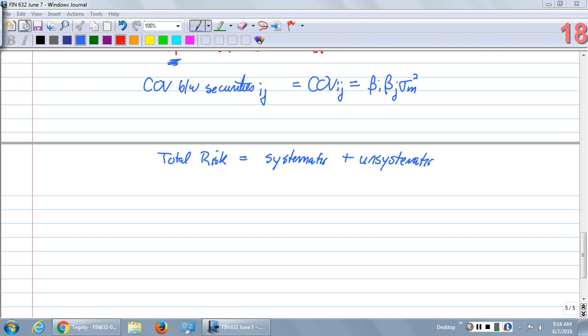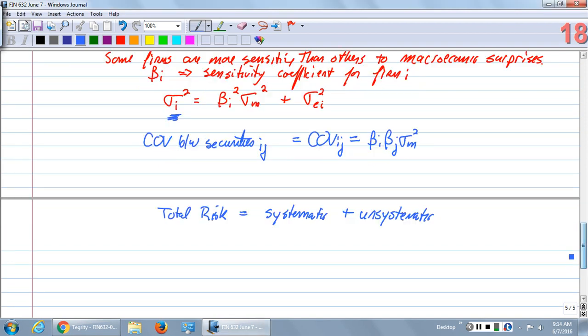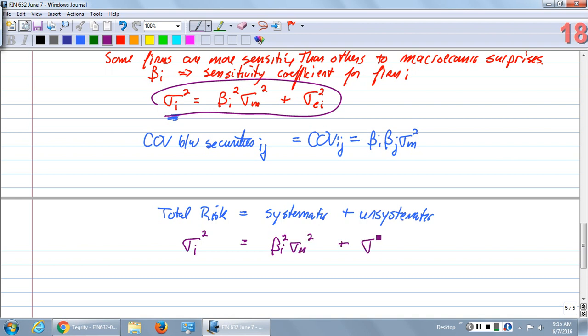Well, let's rewrite what we had up here, this formula. The total risk of a portfolio, or rather of a security, the total risk, sigma I squared, equals the systematic risk. So here's the systematic component. Beta I squared sigma M squared, that's the systematic part. And here is the unsystematic part.